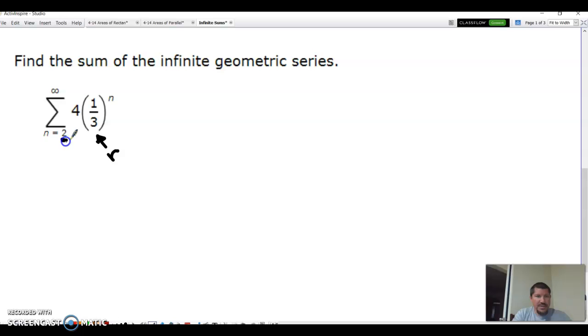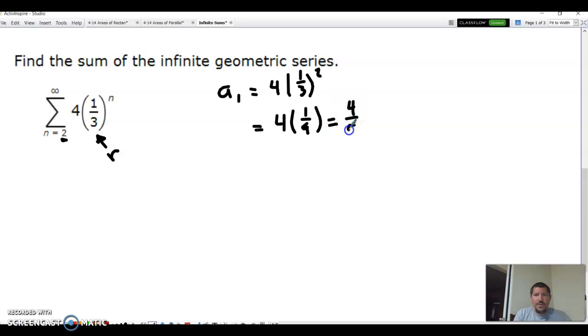Well, my initial point deals with this n equals 2, so when I plug 2 in here, yeah, so that's going to be 4 times 1/9, or 4/9. So that's my initial point.